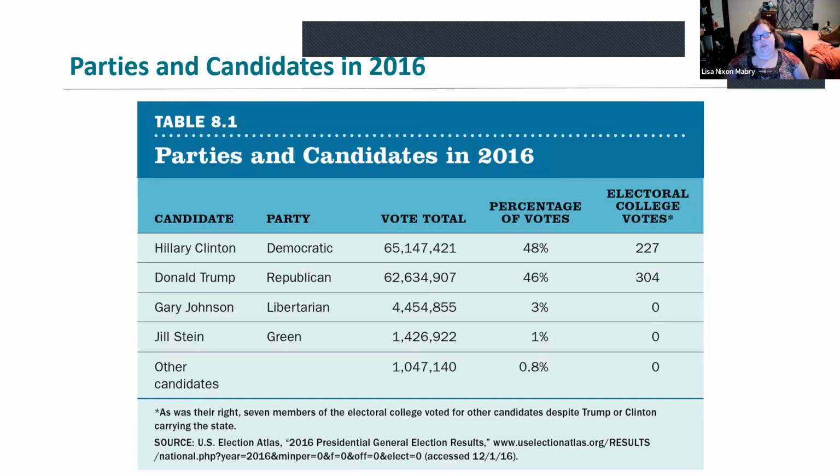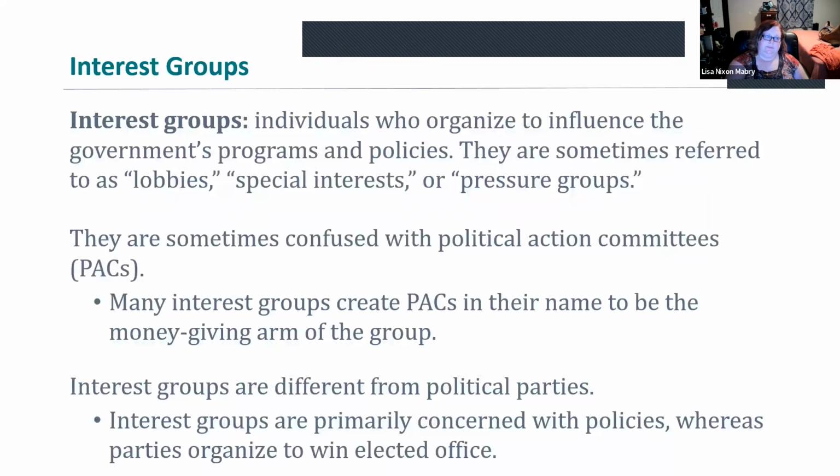They take an oath to reflect how the state votes, and that's how Electoral College votes are supposed to go. But they technically do have a right to cast that vote for someone else if they feel they should as an individual. A lot of people have issue with that, and we'll talk about that more when we cover the Electoral College in the next chapter.